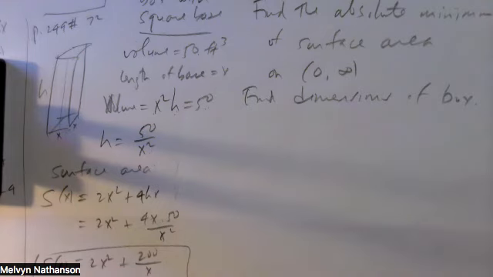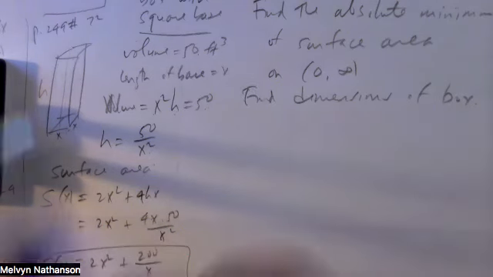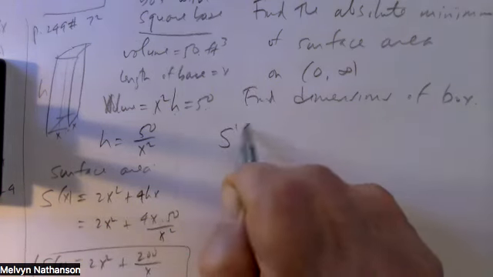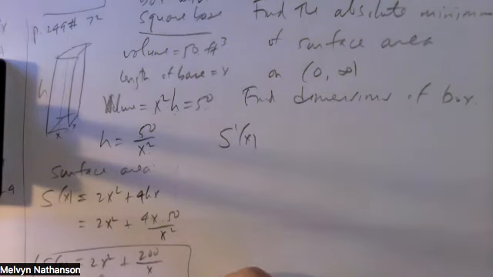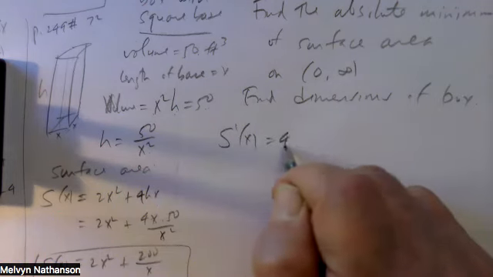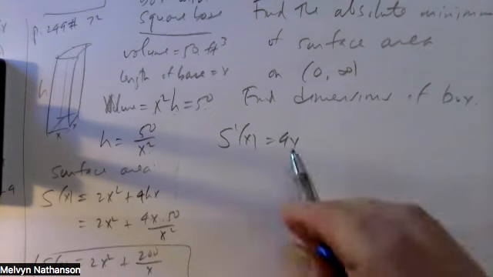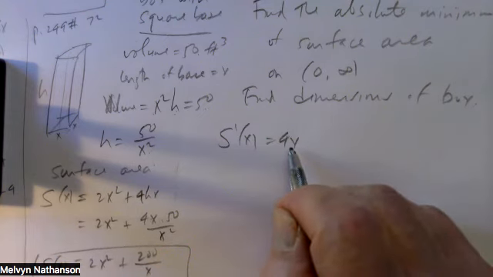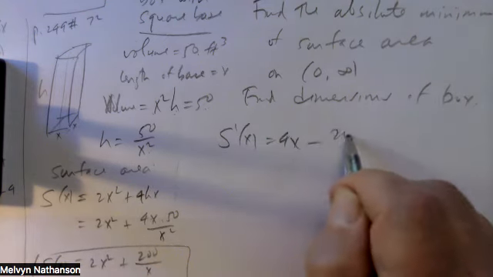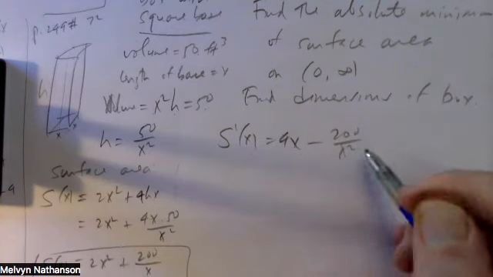Well, here we have a function. We want the absolute minimum. So we need to calculate the critical points. What's the derivative? S prime of x: the derivative of 2x squared is 4x, and the derivative of 200 over x is minus 200 over x squared.